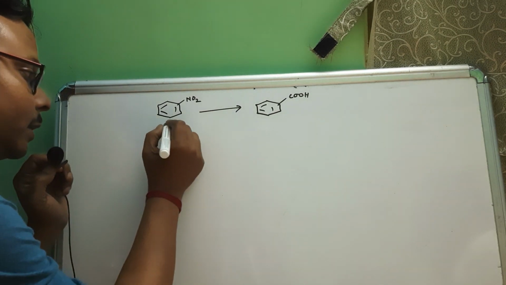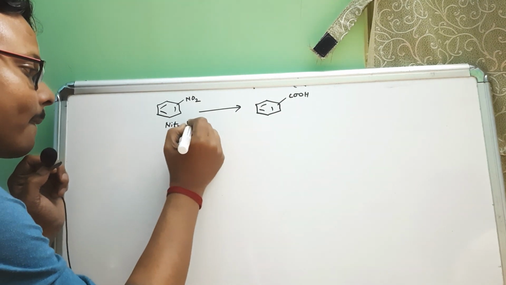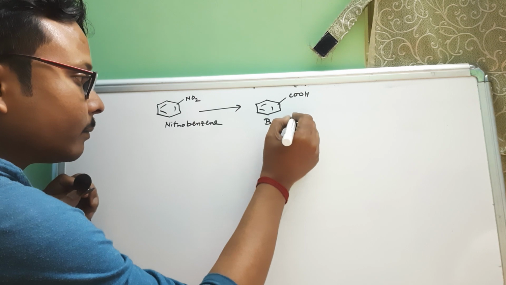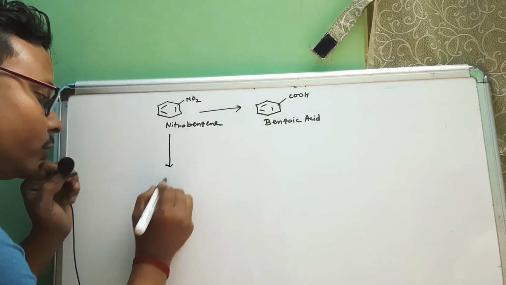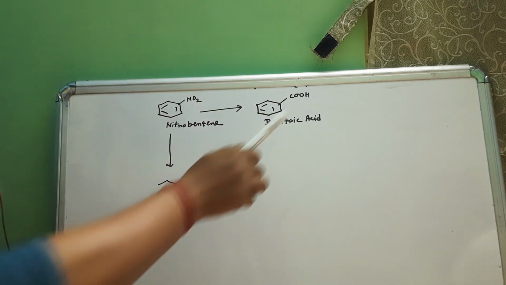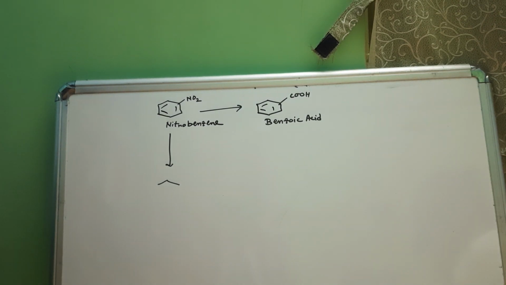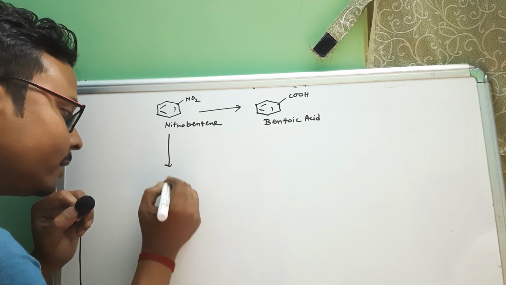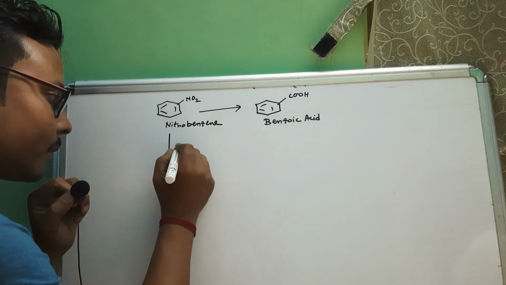At first, our motto is this nitrobenzene and this benzoic acid. Remember, this benzoic acid can be formed through diazotization. So before diazotization, nitrobenzene should be converted to aniline. Once you have the aniline, you can easily diazotize this. So the first aim is to convert nitrobenzene into aniline by reduction.